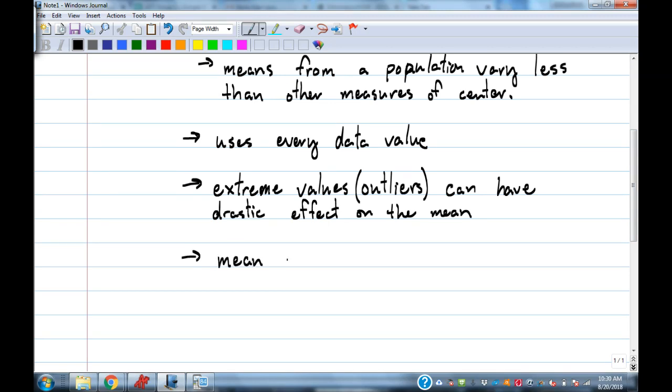Because of that, we can say the mean is not, quote unquote, resistant. Okay. Because it can change based on an outlier being thrown. It's not resistant to some of the issues. So mean, average, that kind of thing.